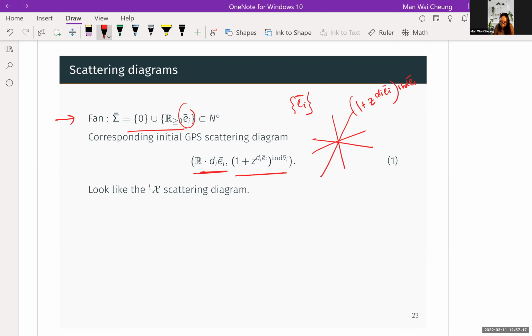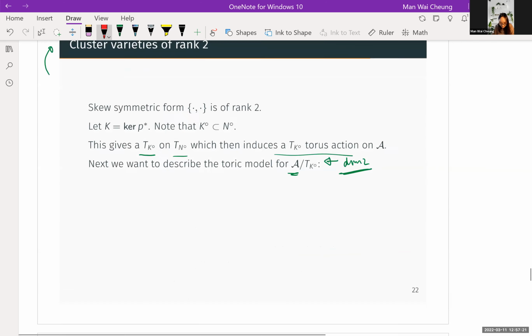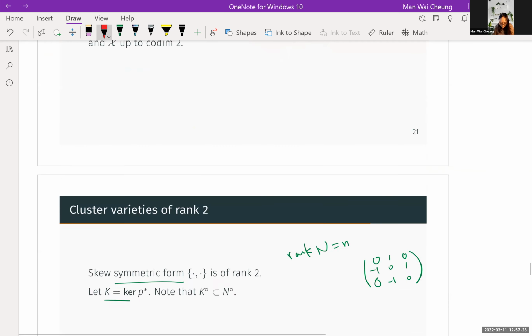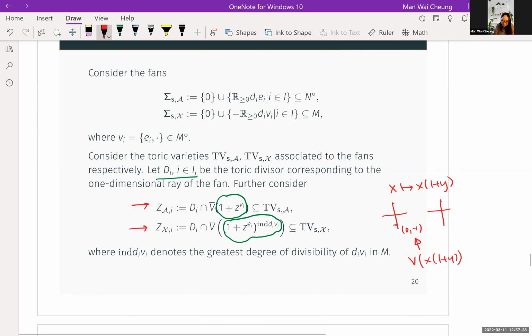Let me emphasize one thing. That is actually one of the main parts of our discovery. Here we have our blow-up loci coming from the zeros of the mutation map.